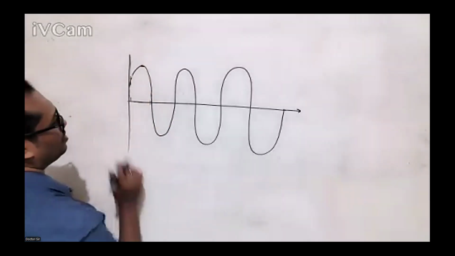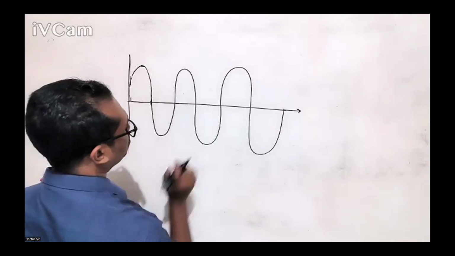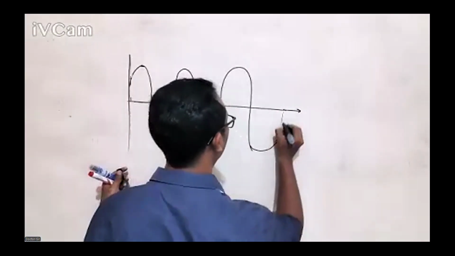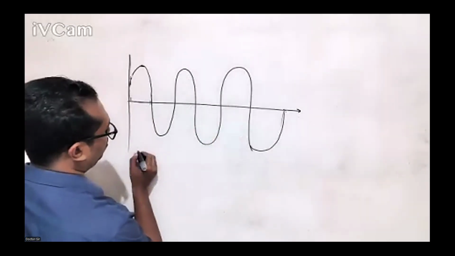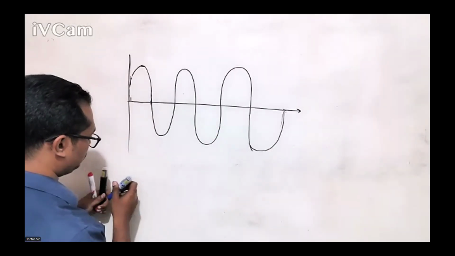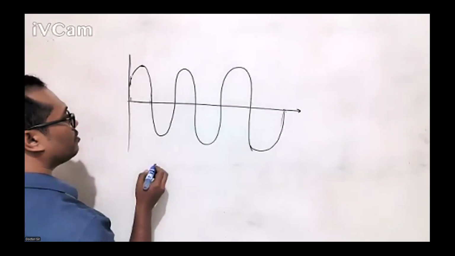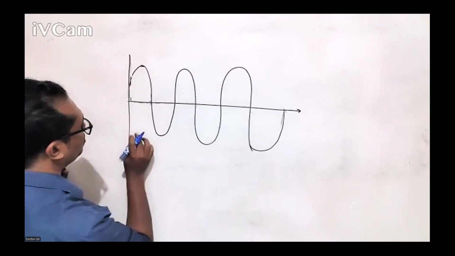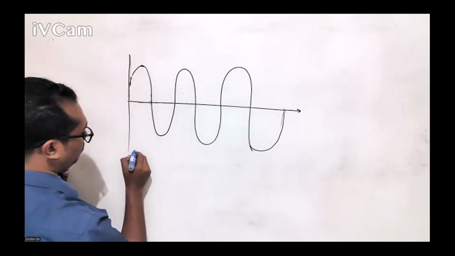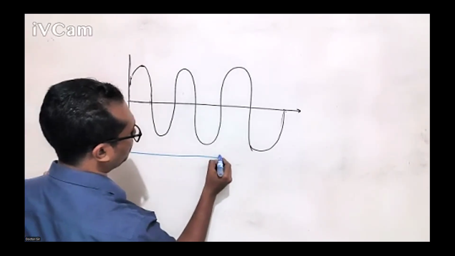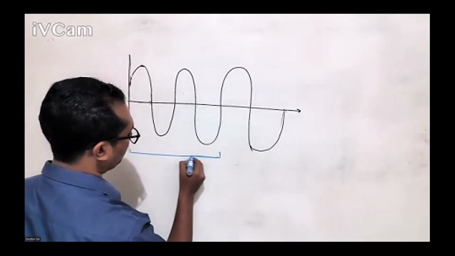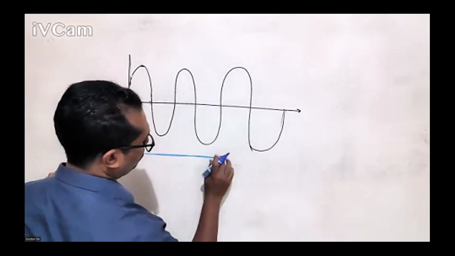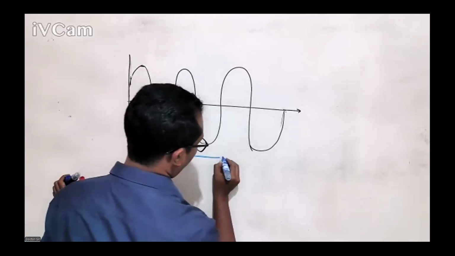Yeah. Right. Okay. Now 1, 2, 3 wave cycles are there. Now I will give it a different way.